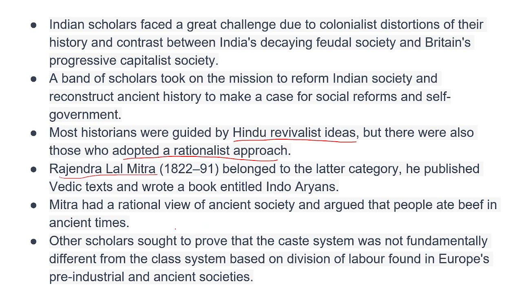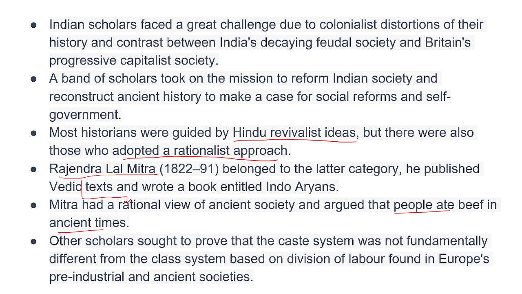Now the Mitra, this person, right? He had a very rational view. And he argued that people ate beef in the ancient times. देखो उसके अंदर भी there were a lot of problems, right? ऐसा तो नहीं होगा कि किसी ने कोई आके easily कोई काम करके चले जाए, right? Again, he had his own thoughts. क्या आप बोलते हो that Hindu revivalist रखोगे और rationalist approach रखोगे इसमें?